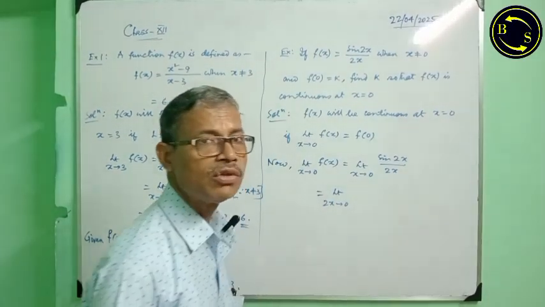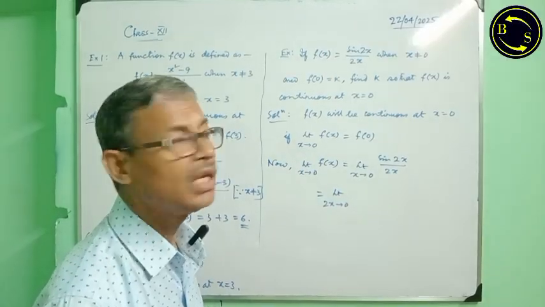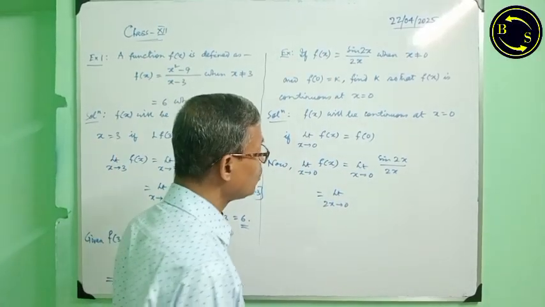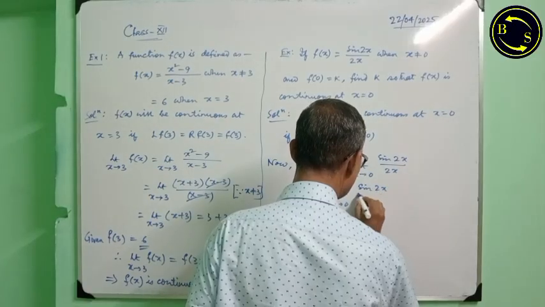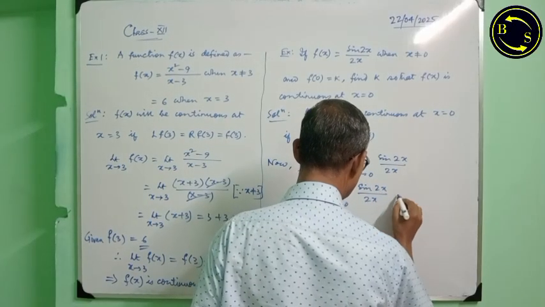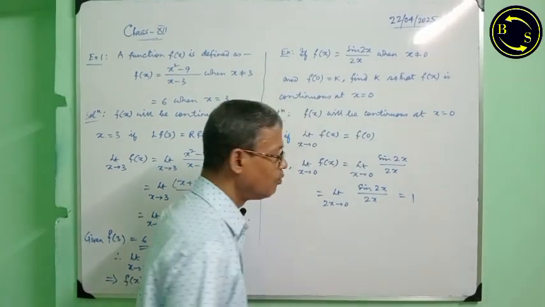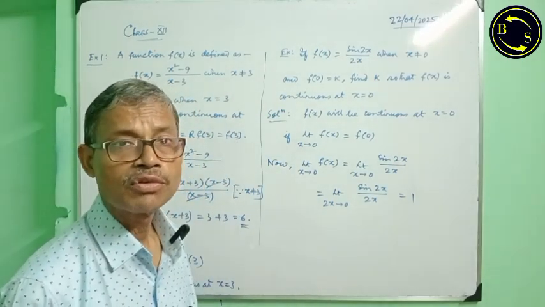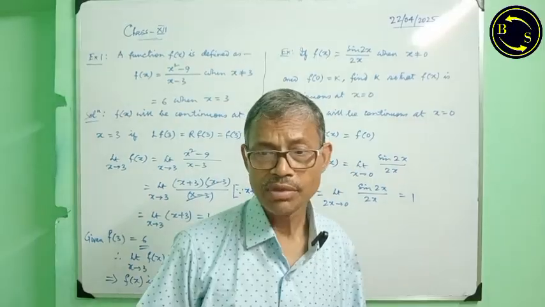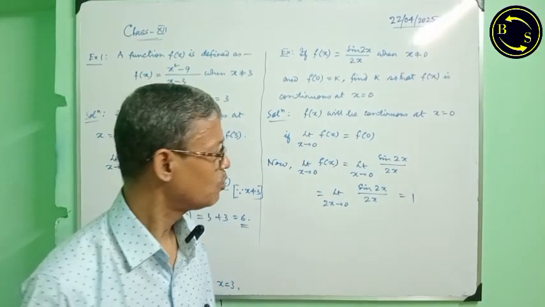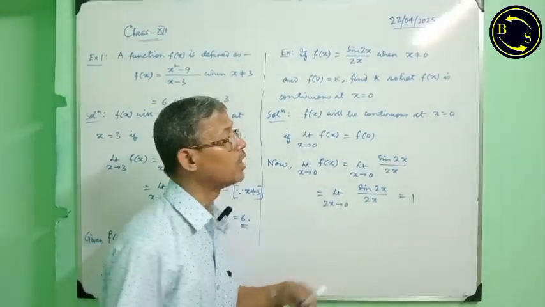Since x tends to 0, therefore 2x will also tend to 0. That is similar to the standard limit, limit x tends to 0 of sin x by x equal to 1, therefore the limiting value is 1.